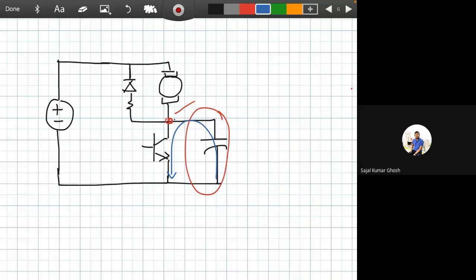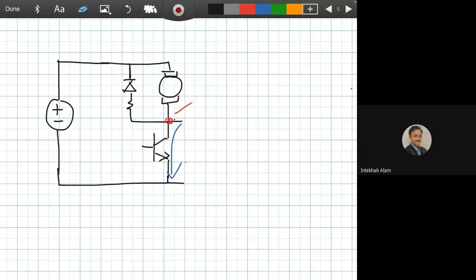No, sir. So what should we do? We need to use a resistance to limit that current. So we are adding a resistance in here.